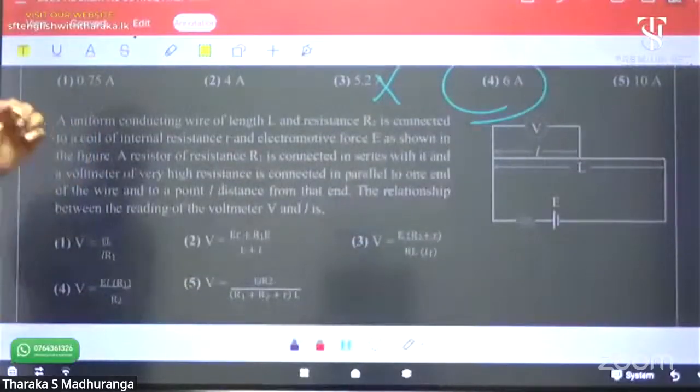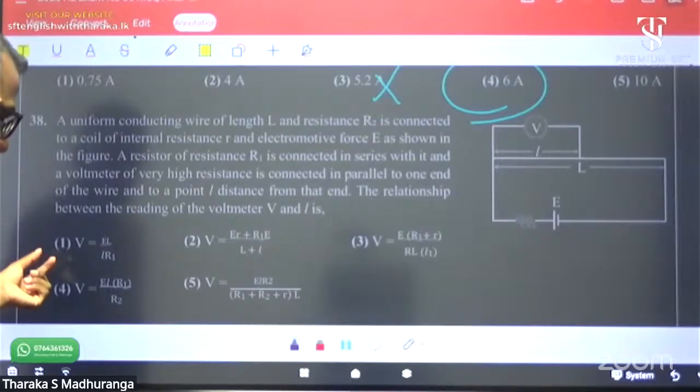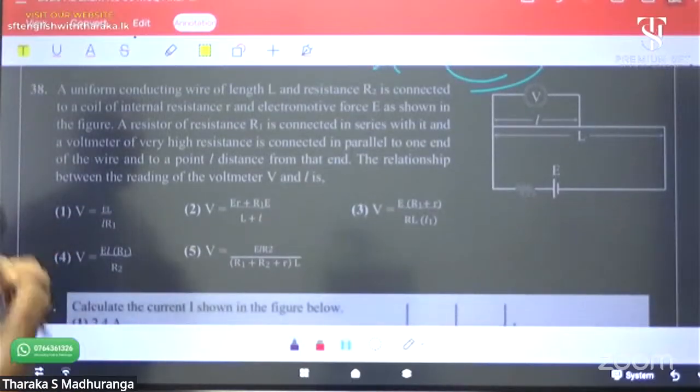Last two questions. A uniform conducting wire of length L and resistance R2 is connected to a coil of internal resistance R and electromotive force E as shown in the figure.